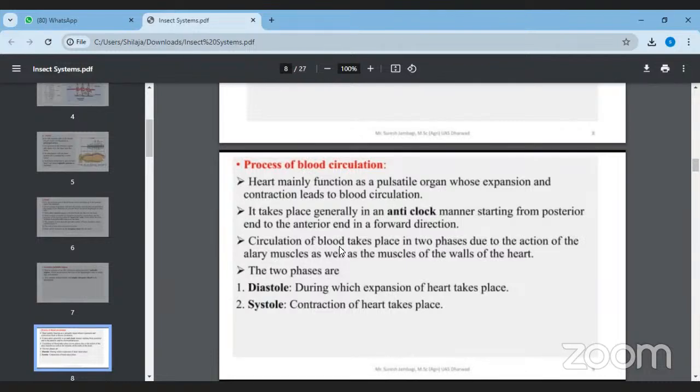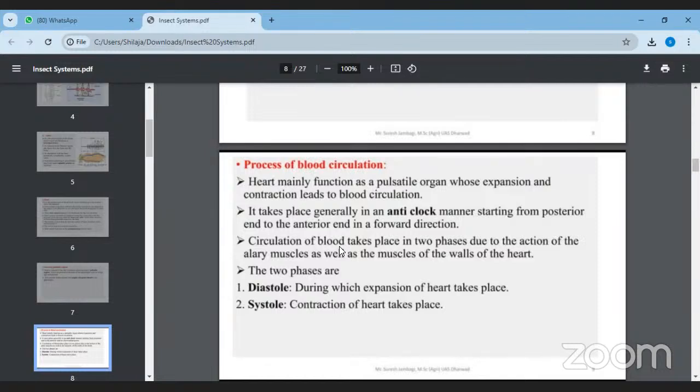So the aorta, which is extending from the heart and opens behind or beneath the brain, is such that in the process of blood circulation that we discuss here, the heart mainly functions as a pulsatile organ whose expansion and contraction leads to the blood circulation.